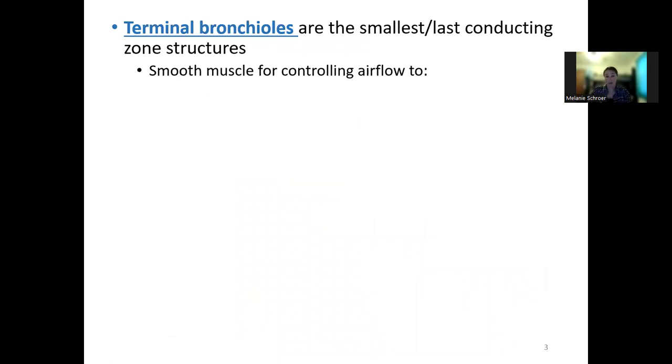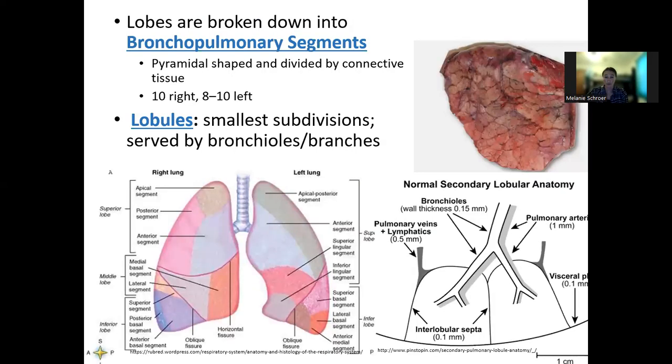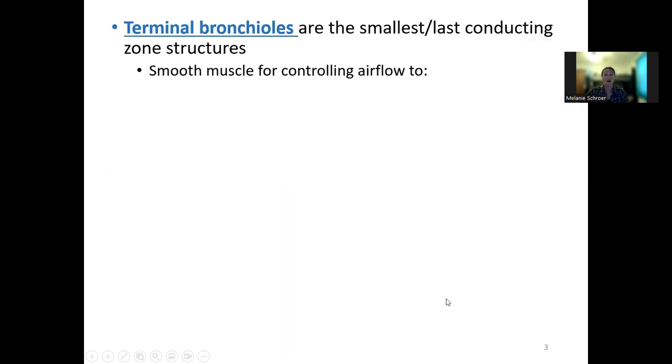Within each of these lobules, we have a couple of different structures. First of all, the bronchioles that I just talked about, the first ones that the air passes into, are called terminal bronchioles. They're called terminal bronchioles because these are the last airways that do not allow gas exchange to occur.